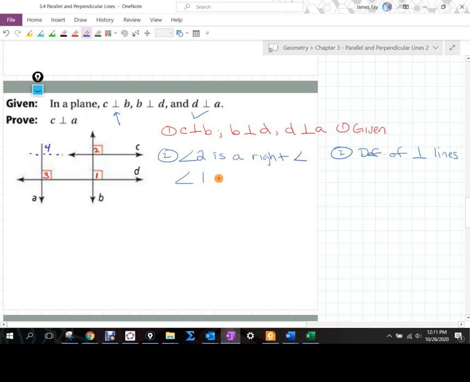Angle 1 is a right angle. And then D is perpendicular to A, so angle 3 is a right angle. Those are all because we've got those perpendicular lines.